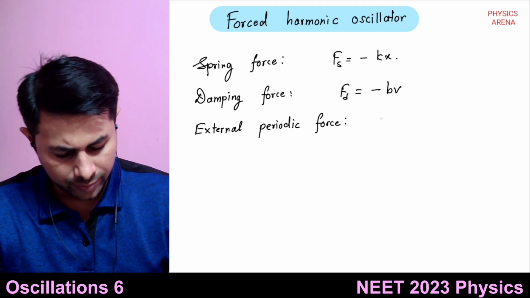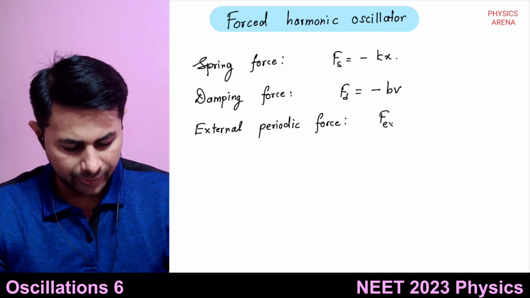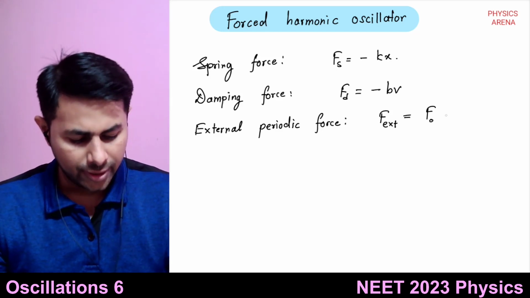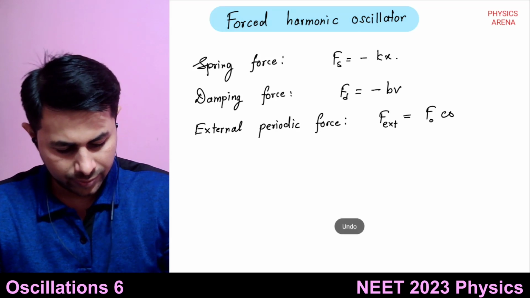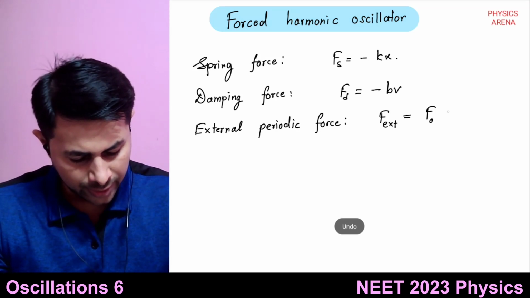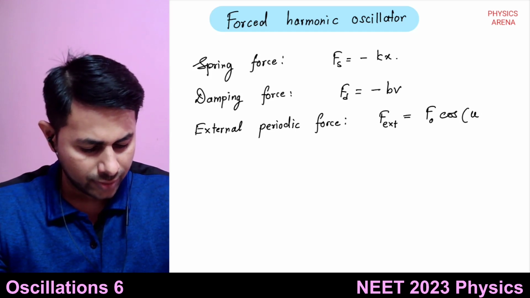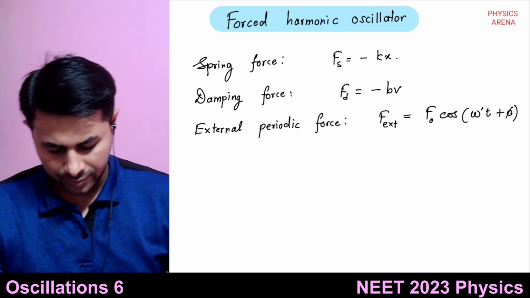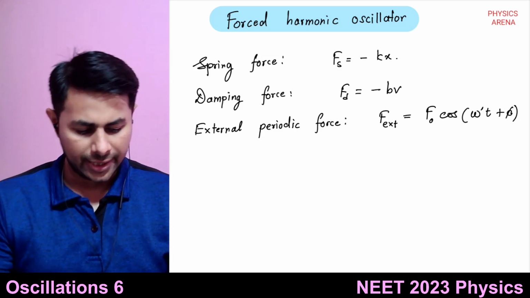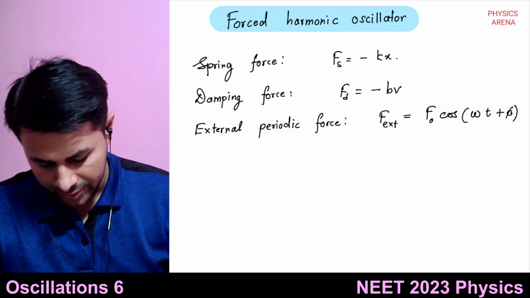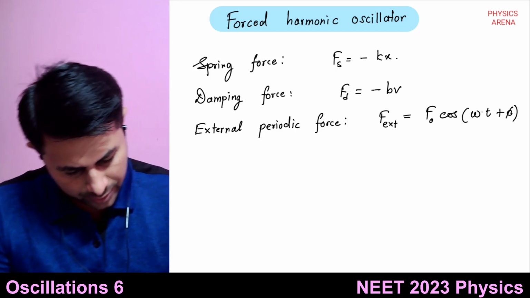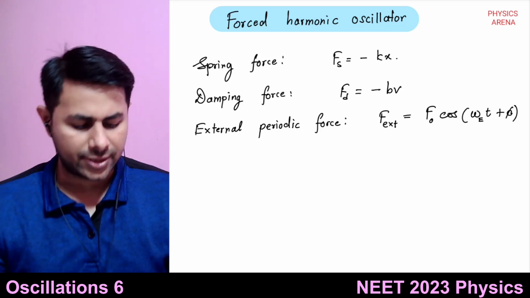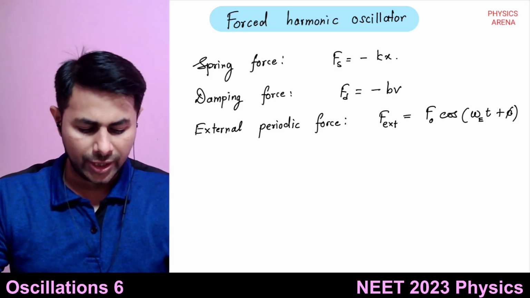Let's call it F ext, ext for external, and it is equal to some F naught multiplied by cos of omega e t plus phi. Here omega e, e for external.